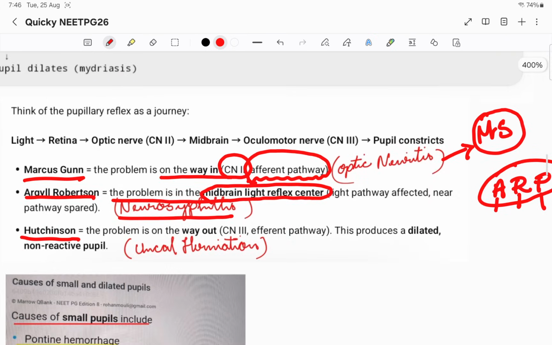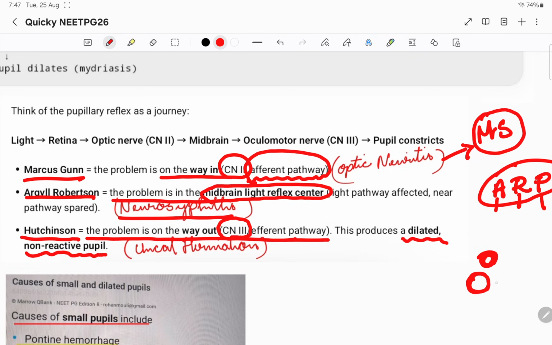Then coming to Hutchinson's, the problem is on the efferent pathway. The oculomotor nerve is what carries the efferent pathway, right? So if this is affected, it might lead to a dilated and non-reactive pupil. Because it was carrying the parasympathetic signal, if it is not there, what happens? It goes to sympathetic dilation. There is no parasympathetic inhibition at all, so it will be completely sympathetic and always dilated.